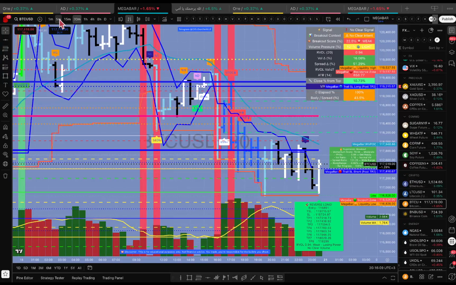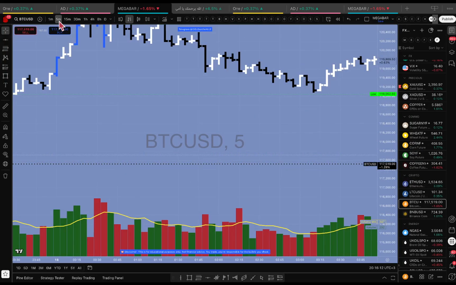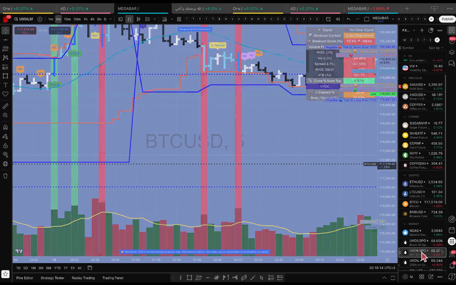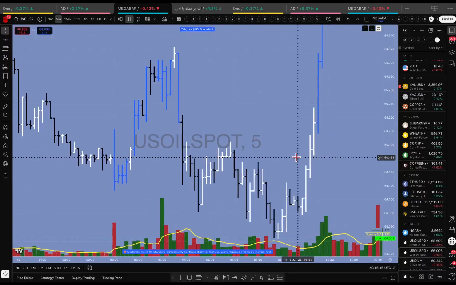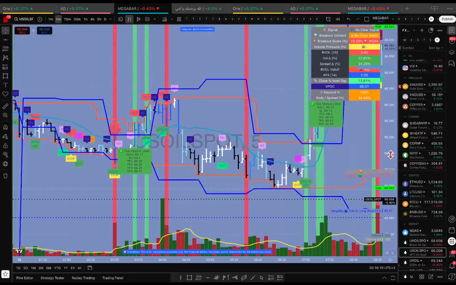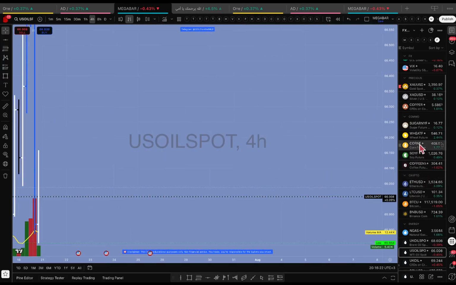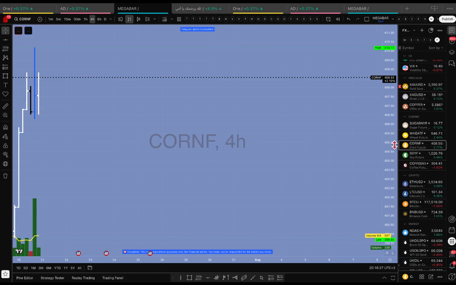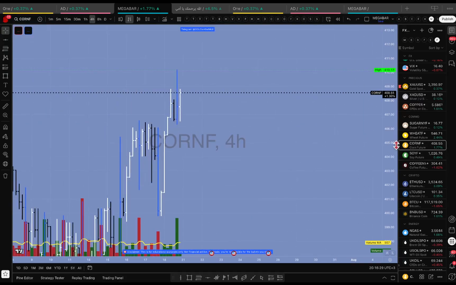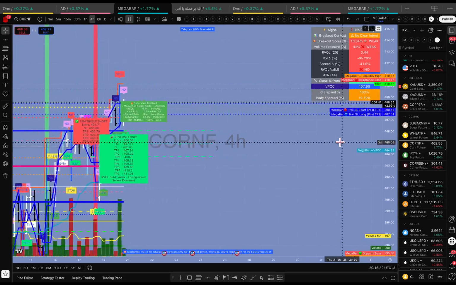Whether you are trading 5 minutes scalping on oil, there's a megabar. If you are doing swing trading for corn, there is a megabar. Here you go.